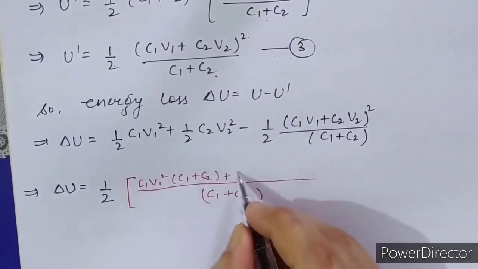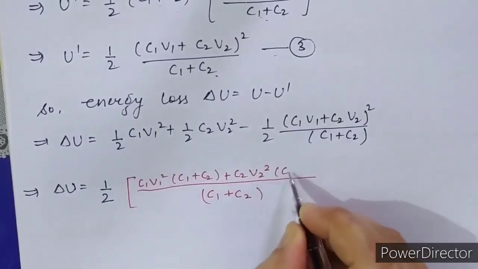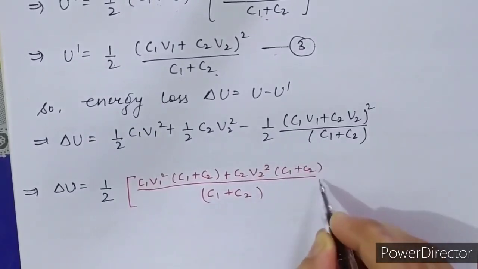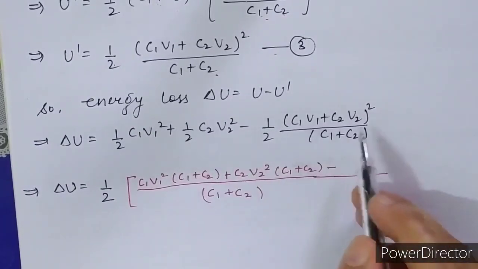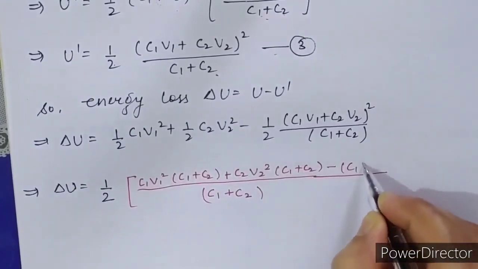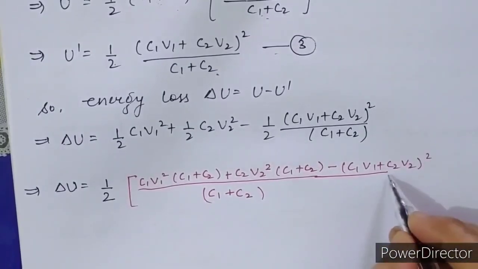In this also C2 V2 square (C1 plus C2). Half has just been taken as a common, so the remaining portion is (C1 V1 plus C2 V2) whole square.